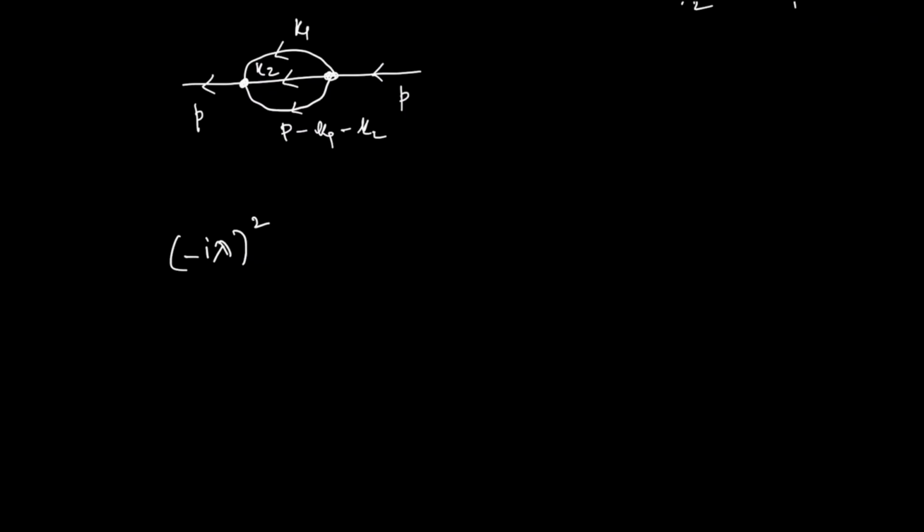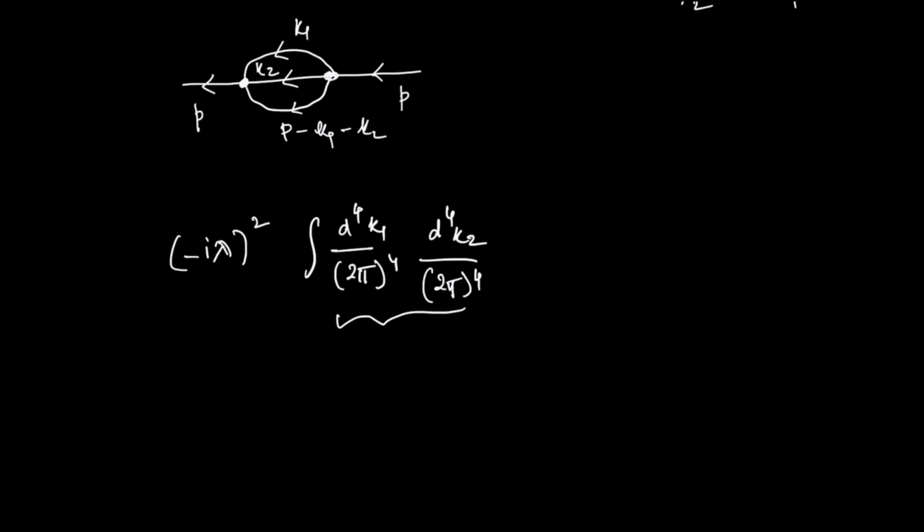So I can write integral d4 K1 by 2 pi to the power 4, then d4 K2 by 2 pi to the power 4. So these are the undetermined momentum, and this is coming from the two vertices.